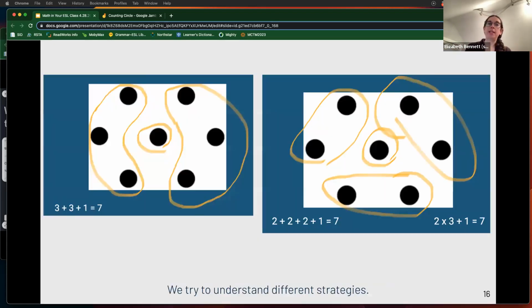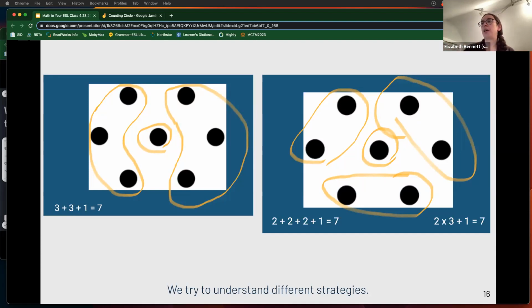Something else we do in my classes is we solve problems and then we talk about our different solutions, and we try to make sure that we are understanding other people's strategies. So this is something called a dot talk, which I'll show you a little bit more later. Basically, you just look at a picture of dots, very not intimidating, right? Anyone can count dots, but you try to see how many dots are in the picture without actually counting individually.